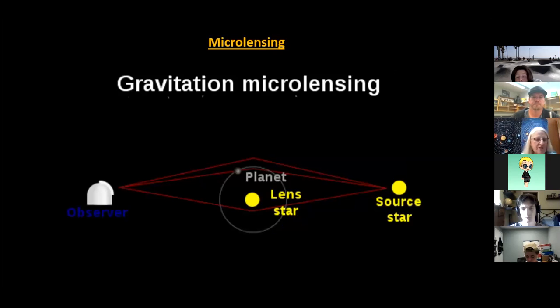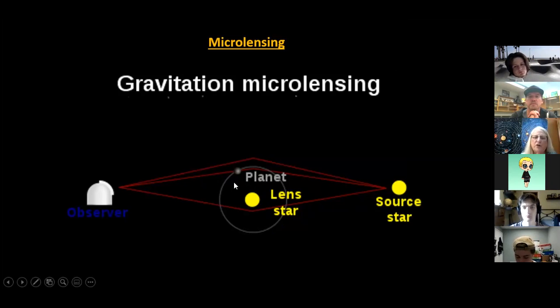So gravitational microlensing occurs when the gravitational field of a star acts like a lens and magnifies light of a distant background star. So here we are on our Earth. We have a star here with a planet, and we have another star in direct line behind this star.